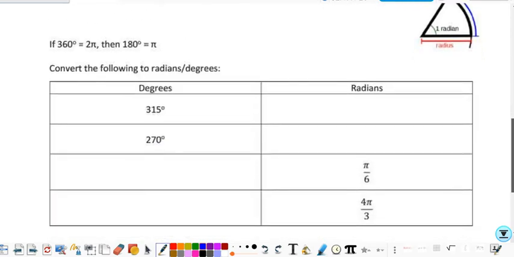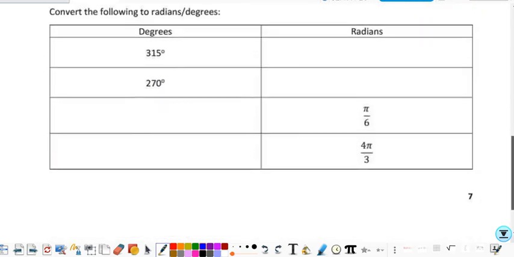So let's convert the following to radians and degrees. I'm going to use a proportion every time. 315 degrees, so my proportion to radians is going to be pi is to 180 degrees as some amount of radians is to 315 degrees.